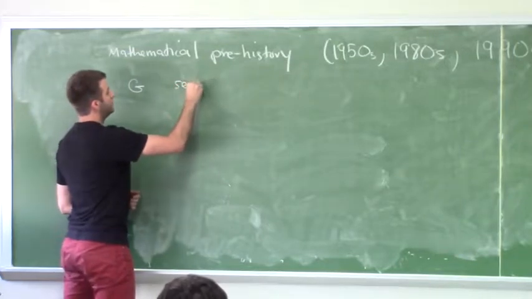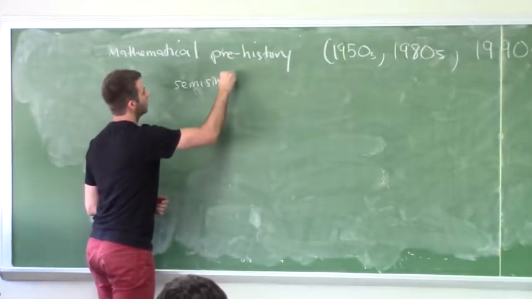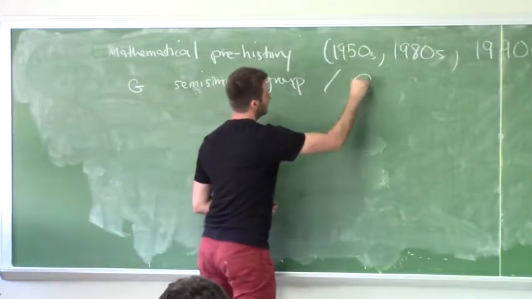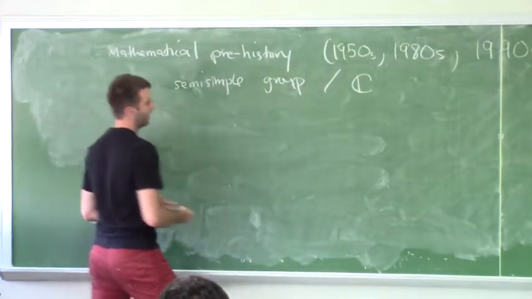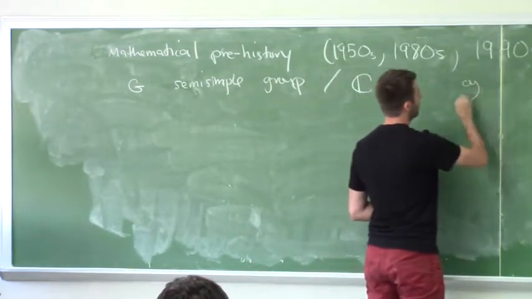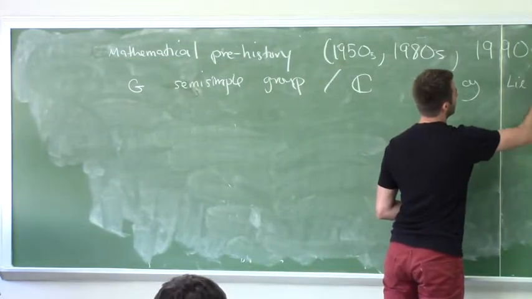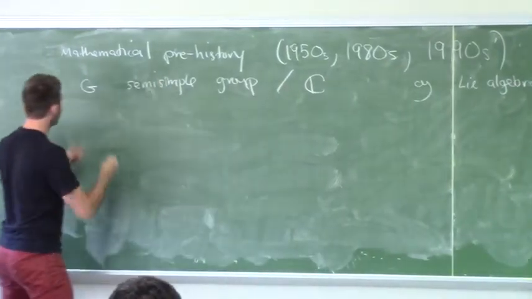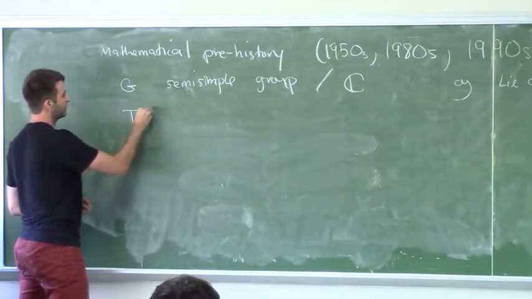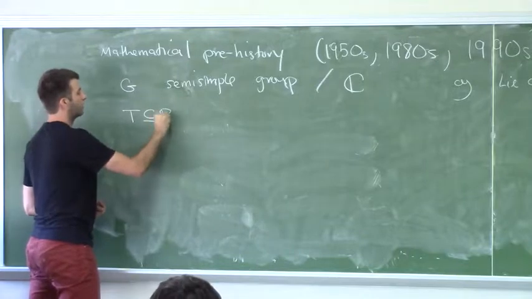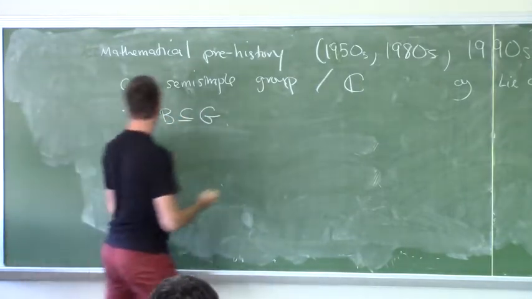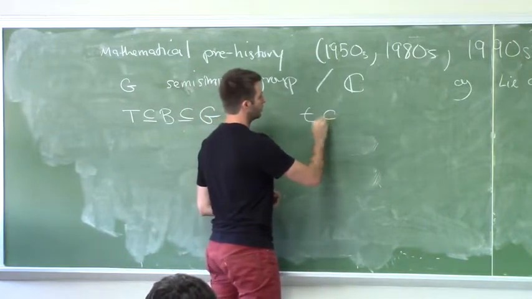So let G be some semisimple group over C, and let 𝔤 be its Lie algebra. Then I'm going to fix a torus sitting inside, and then a Borel containing that torus.